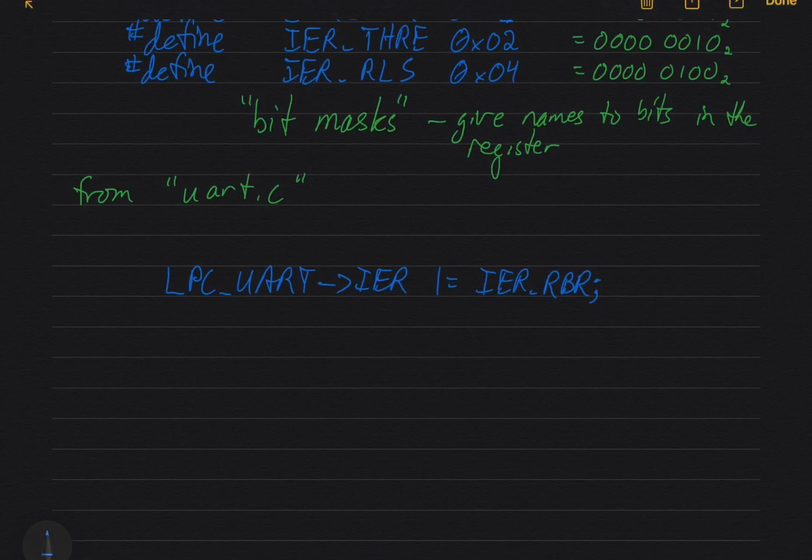I'm going to show you 3 lines, but let's just over here model the contents of the interrupt enable register. So on reset, you can look this up in the LPC1768 user's manual, the bits in that register default to 0. That's typically the case, and it's default behavior.